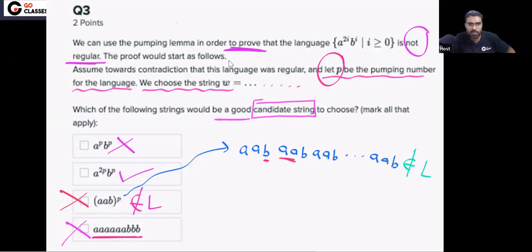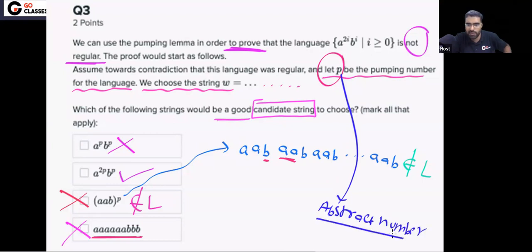P can be 1000, P can be 1 trillion. P is an abstract number, and it can be very big, for example 1000 or 10,000. So this string is not going to help you.